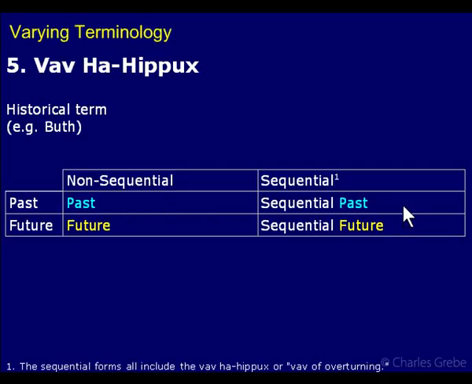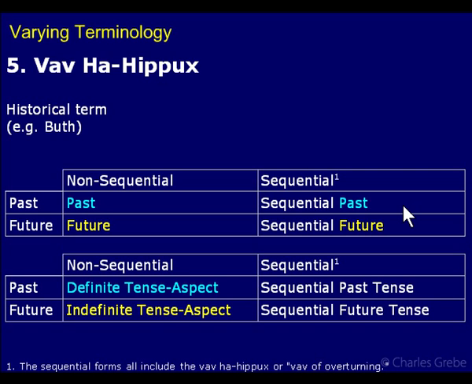He's just focusing on the function. Later on, he'll give a more nuanced linguistic description. He talks about definite tense aspect and indefinite tense aspect. So here he's emphasizing that these tenses are more than just time. There's time and there's type of action. Both are there. So anyway, this is the historical term, the Jewish medieval term.